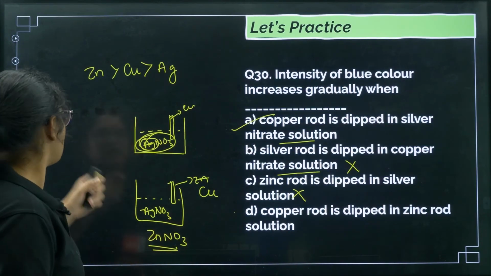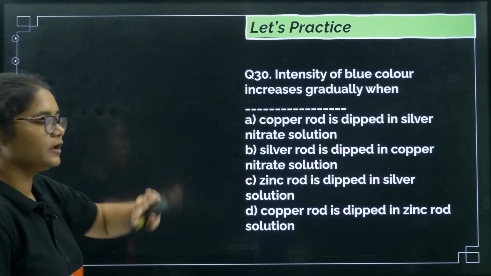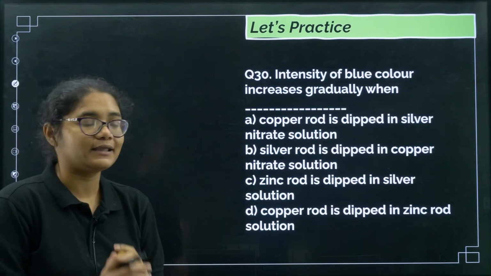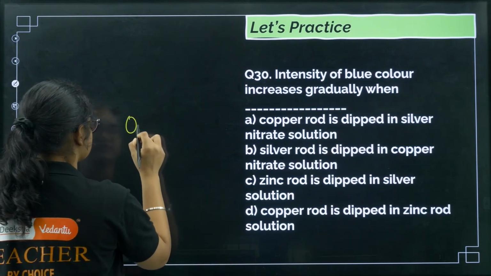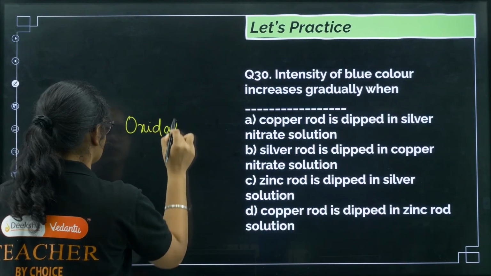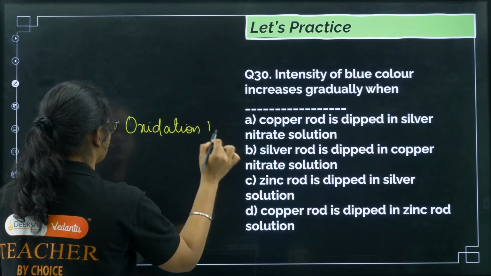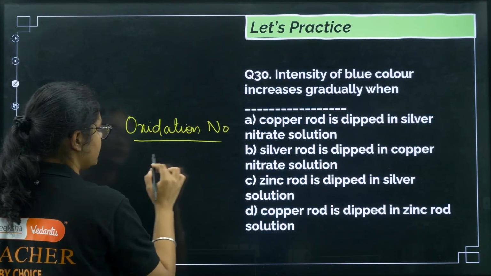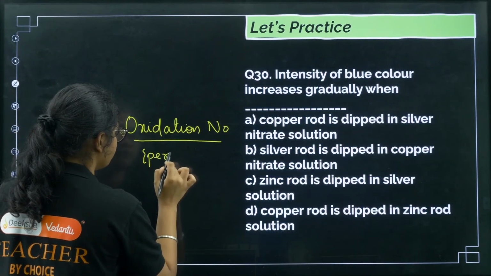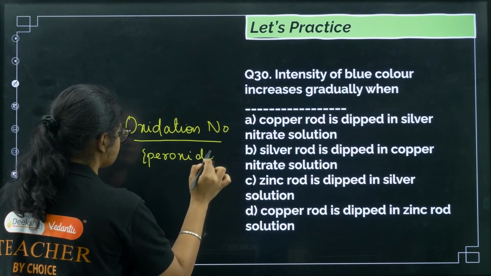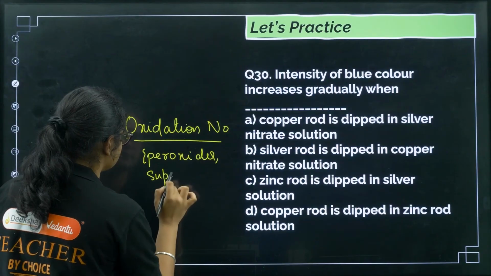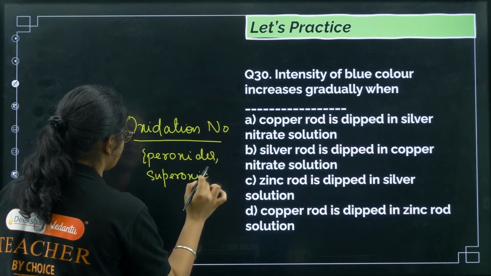So students, after analyzing this whole 30 questions, what I can say to you is the most important topic is oxidation number. You need to do more questions on oxidation number, especially when we have examples of peroxides and superoxides. This is very important.